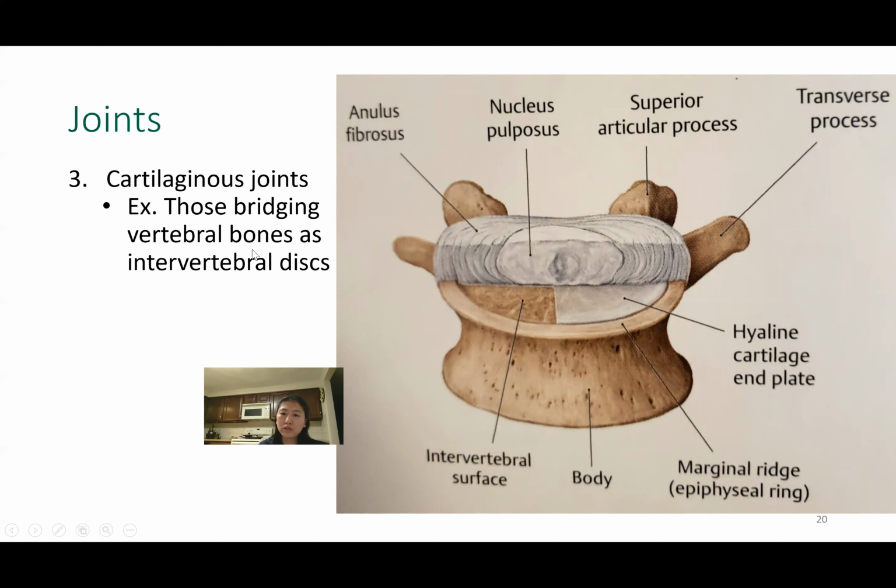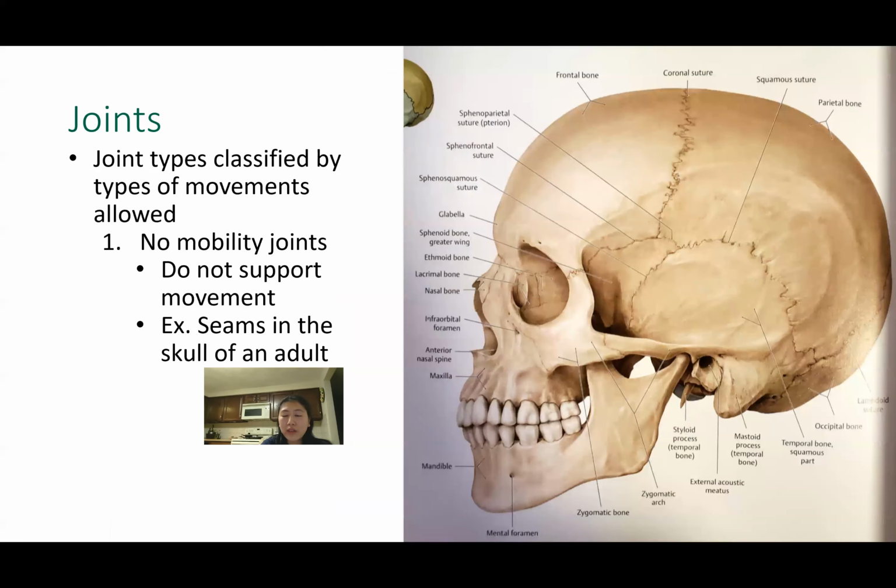They connect with the discs, and then it's kind of like a sandwich. So this bone, actually, there's another piece of intervertebral bone up here, and then they sandwich the disc and make such a joint. So that's one type of classification of joints.